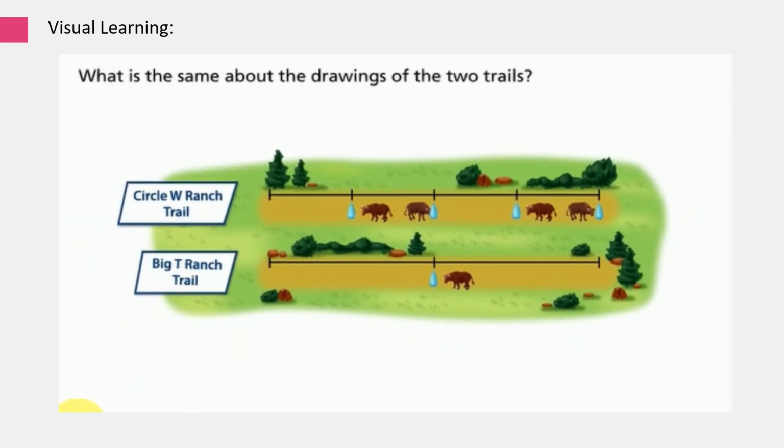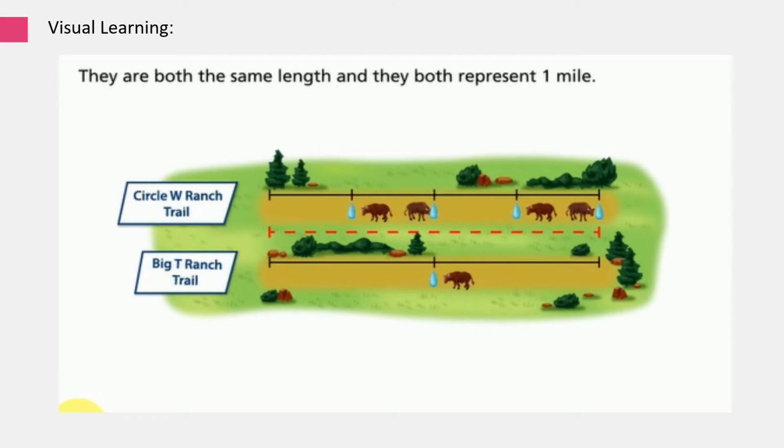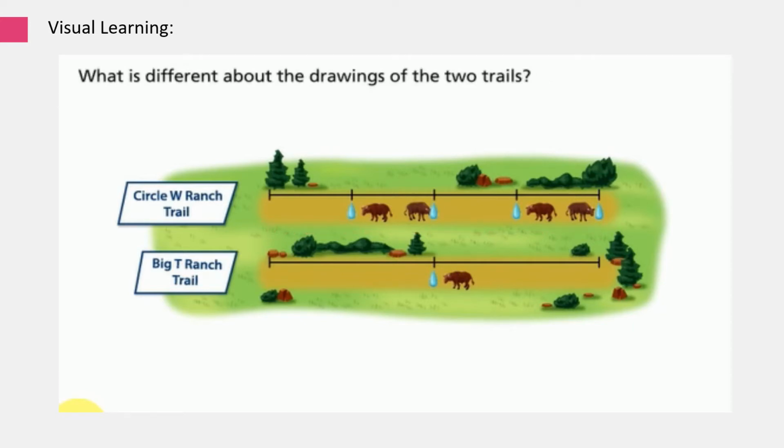What is the same about the drawings of the two trails? They are both the same length, and they both represent 1 mile. What is different about the drawings of the two trails?